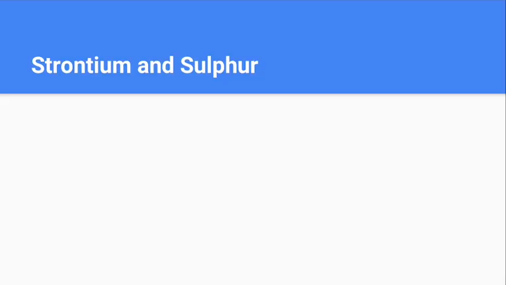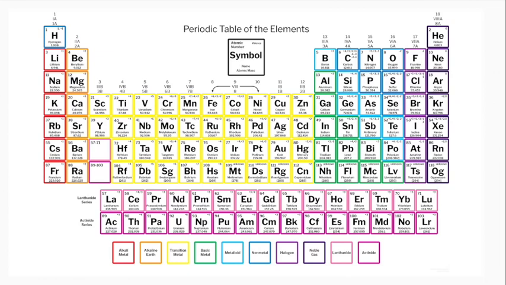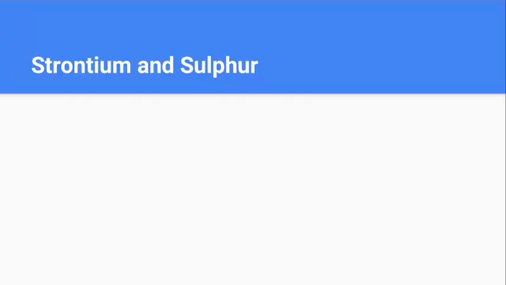Last example here, let's look at strontium and sulfur. So strontium is one you might not know where it is. Strontium happens to be right under calcium here. Because it's in group 2, it tends to lose 2 electrons and become positive. Sulfur here is right under oxygen. It tends to gain 2 electrons. So we have Sr2+, S2-.